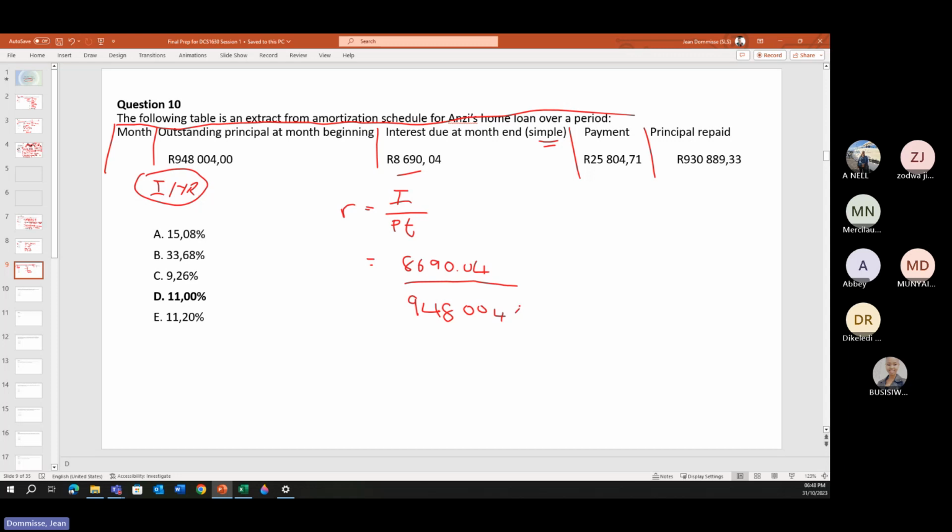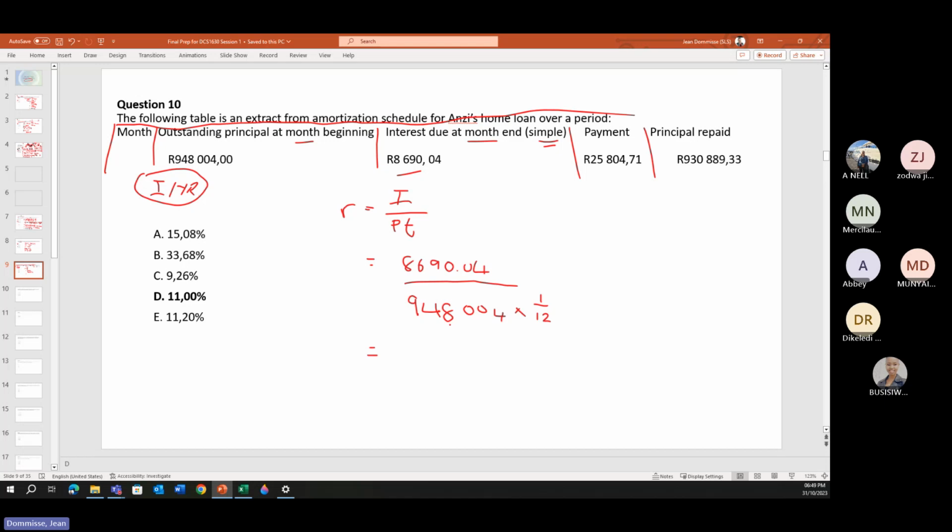And do we have the time? It's 1 month. So at month beginning, at month end, it is for 1 month, so it's 1/12. Hopefully this will give us the interest rate.